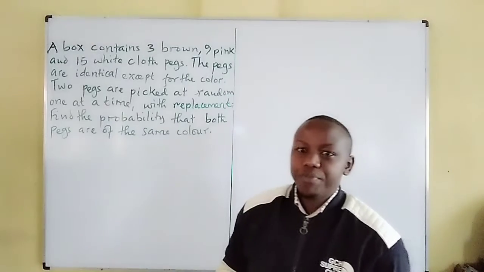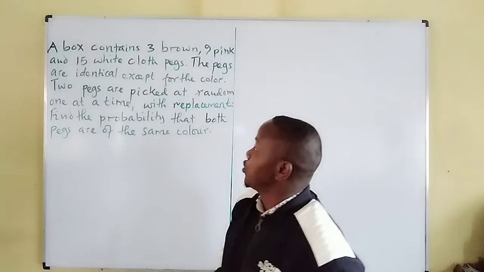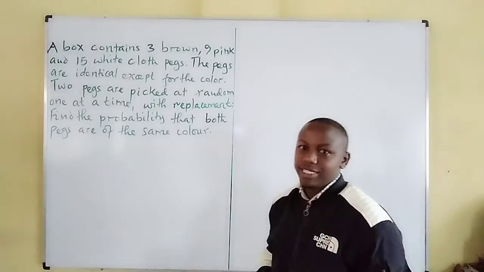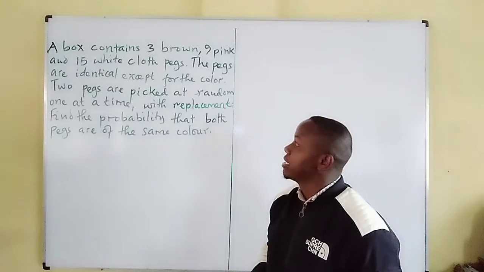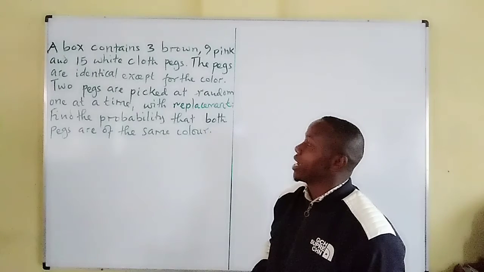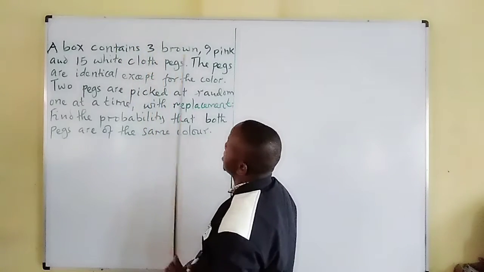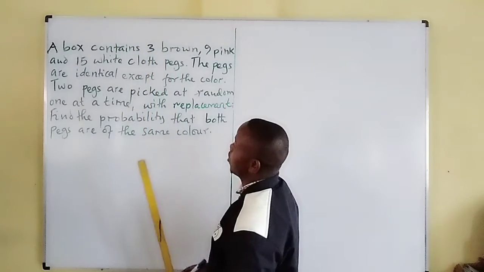We are going to continue with probability. I want to teach a question whereby we are picking, but in this case with replacement. We are given a box containing 3 brown, 9 pink and 15 white cloth pegs.